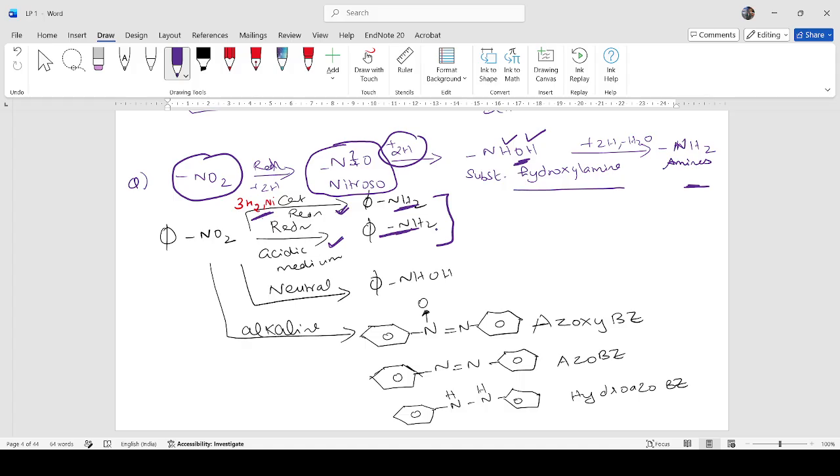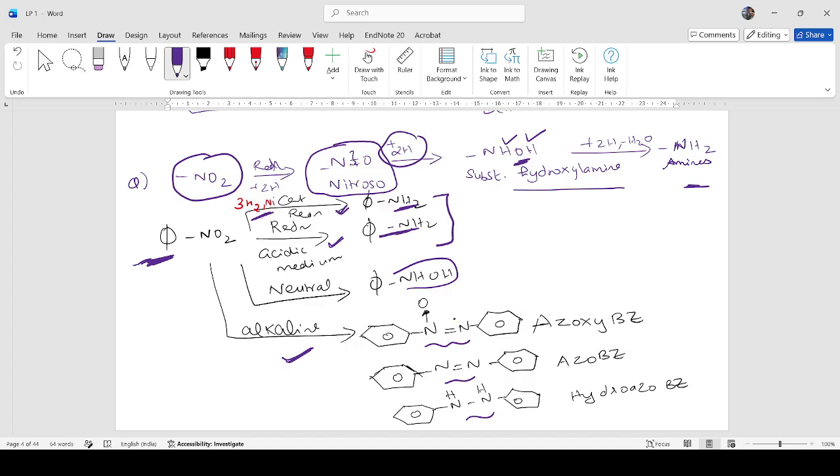But if I do it in a neutral condition, what we get is a hydroxylamine. If I do it in an alkaline condition, I have taken nitrobenzene here, you can see it is getting converted into azo products.